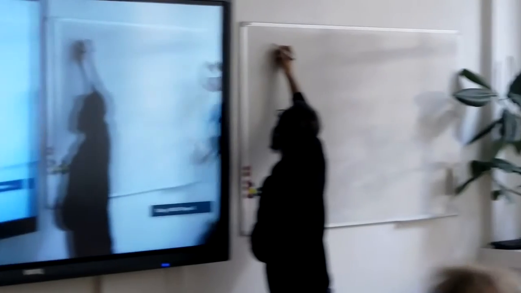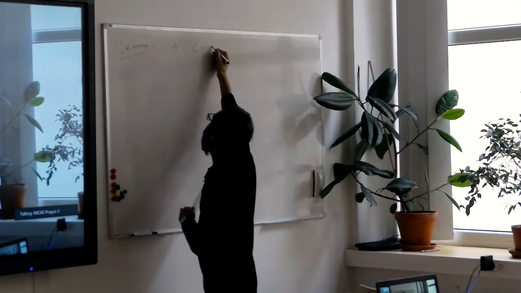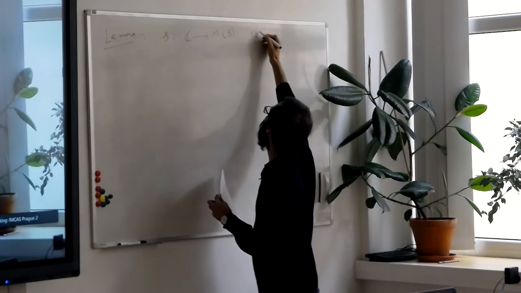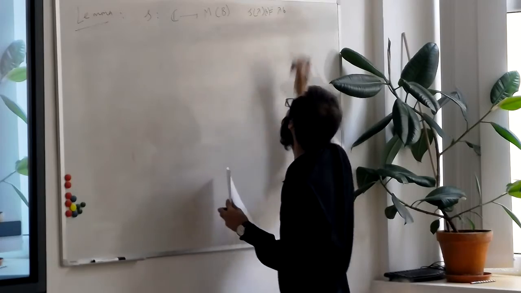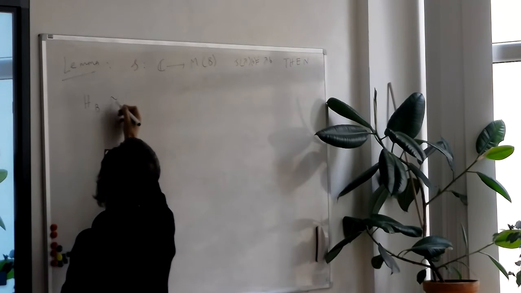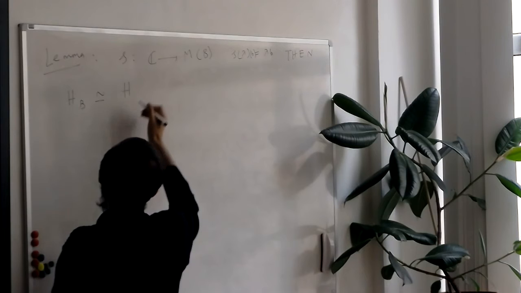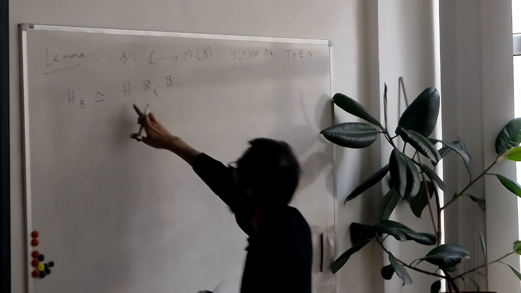It's a small lemma. Take a unital star homomorphism to the multiplier algebra of B. Let H be the separable Hilbert space.